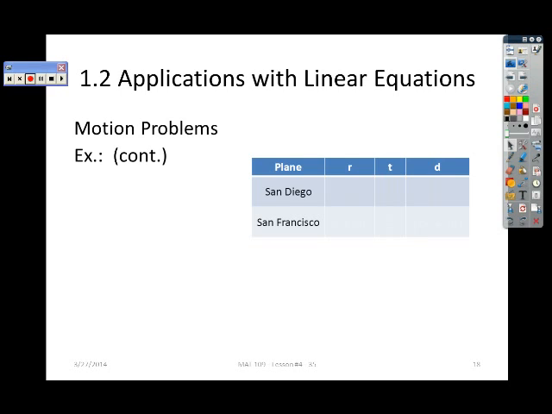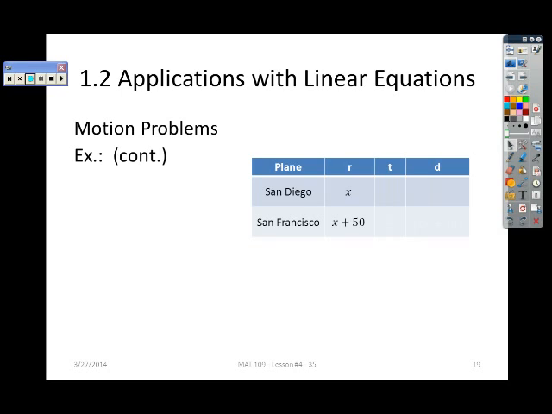Okay, what's the rates? What rate goes where? What's x mean? No, but I mean, what does it represent in this problem? San Diego. And so x plus 50 represents San Francisco. So I know those, right? Or at least I know something to represent them. What else do I know?